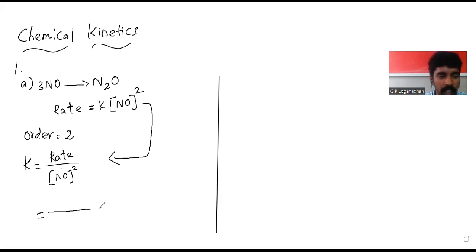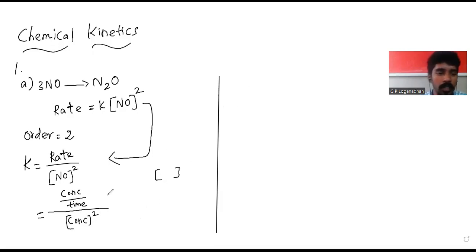Rate means the increase in concentration of products per unit time or decrease in concentration of reactants per unit time. So rate is nothing but concentration divided by time. And when you write this bracket, it means you are taking concentration. So here this one is concentration to the power 2.